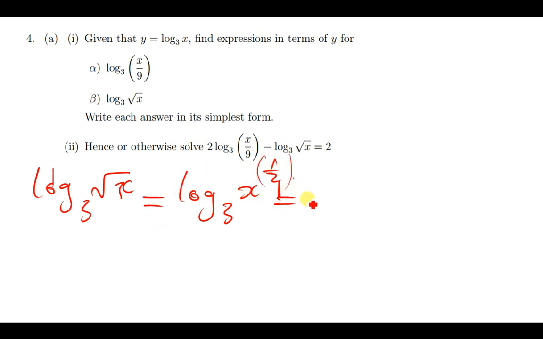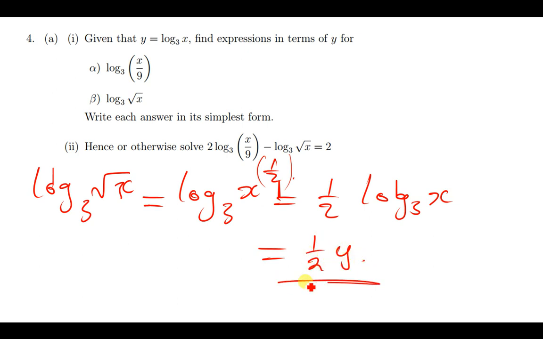So when we drop down that half, we're going to have half log x base 3. So log x base 3, according to the question, is just this part here, which is equal to y. So this is just the same as half times y. That's what that means.